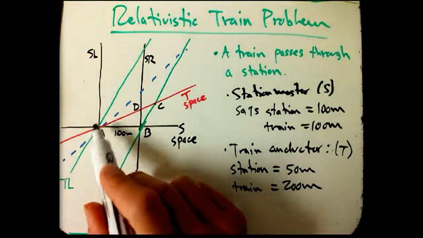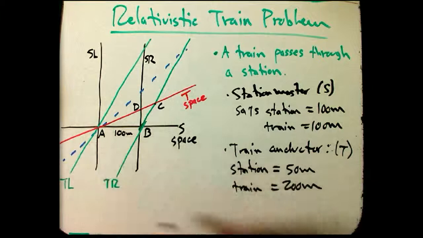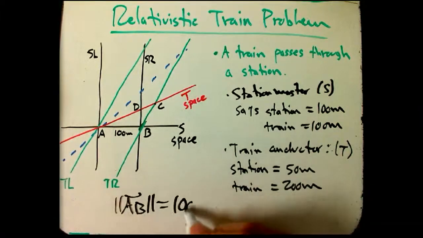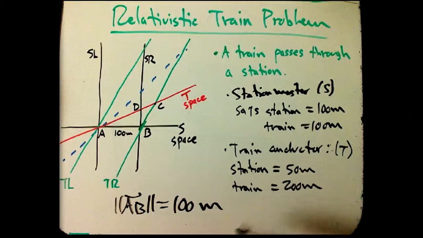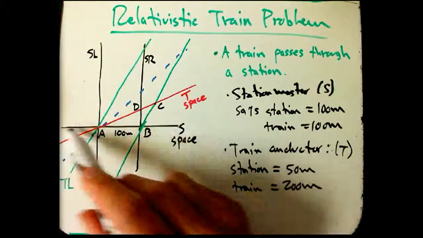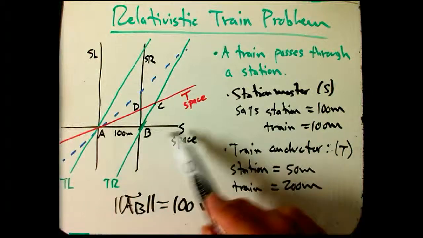So here's what's going on. What is true is that the distance between A and B, the Minkowski magnitude of the vector AB, is equal to 100 meters. Now that is both a correct measurement of one thing and an incorrect measurement of another. Let's look at it. The station master's world lines are like this, and the AB segment is on a perpendicular to the station master's world lines, the S space.